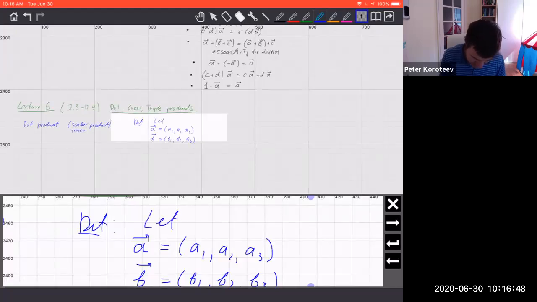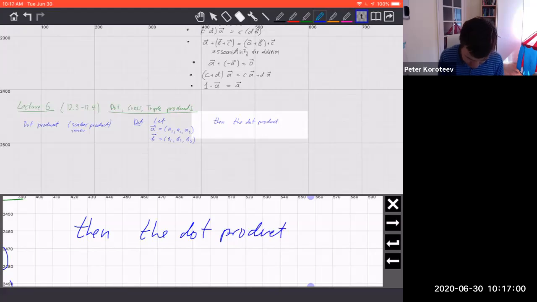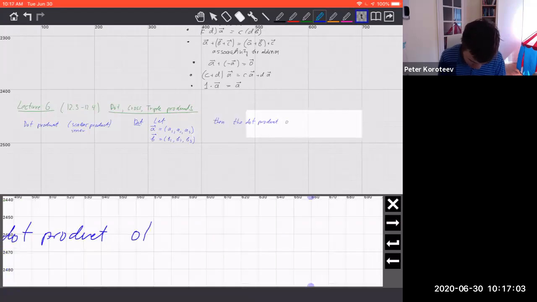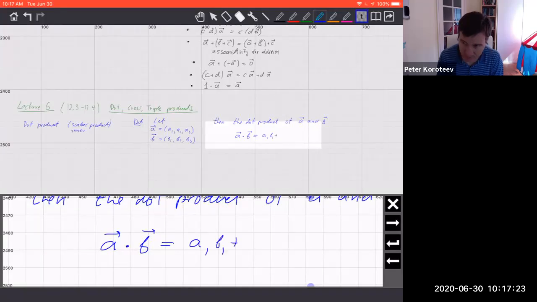Let A and B be these vectors, then the dot product of A and B, denoted A dot B, is a scalar given by A1 B1 plus A2 B2 plus A3 B3.